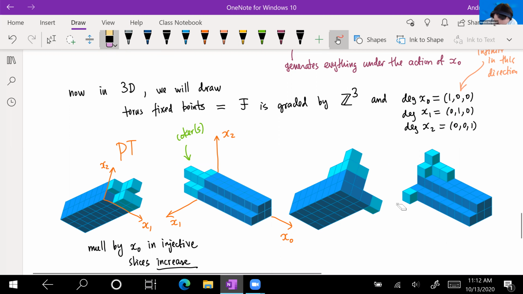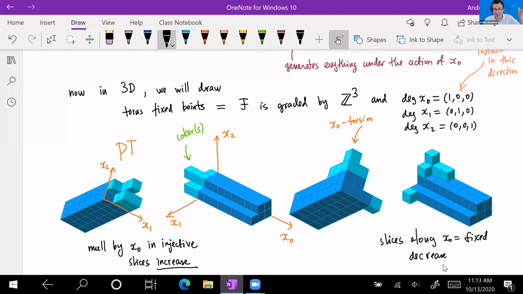And then here's the opposite situation. Instead of having a kernel of S, we have a torsion. Here we have that is x naught torsion. These are things that multiplication by x naught will kill eventually. And then here the slices, by slices I mean I slice in the x naught direction, are not fixed.